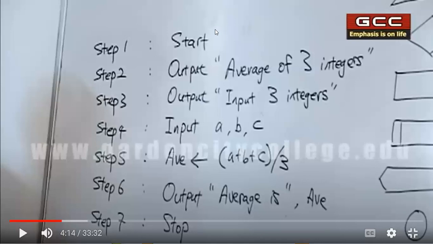All right. Then step 4 now, what will you put for step 4? Step 4 will be input. You write the word input.